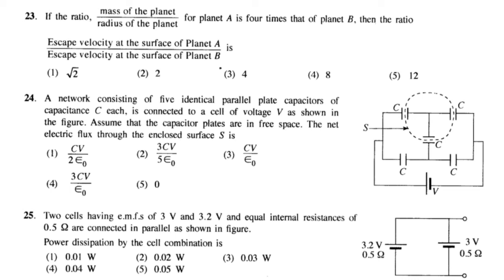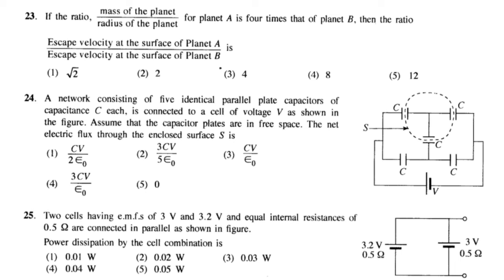Now, suppose at the surface of the planet, the escape velocity is v. Then we can write the kinetic energy of that object is half mv squared. m is the mass of the object. When it moves out of the gravitational field, its kinetic energy becomes zero. So the change in kinetic energy is half mv squared. So that must be equal to the change in gravitational potential energy.